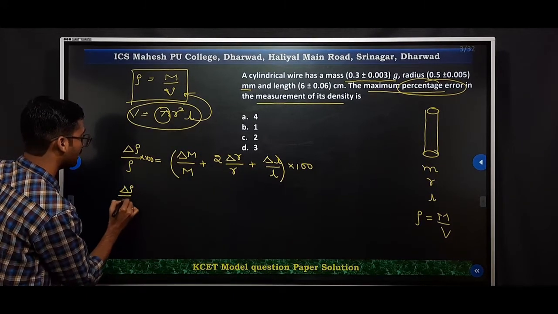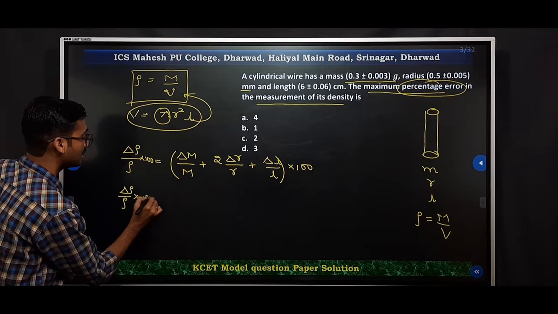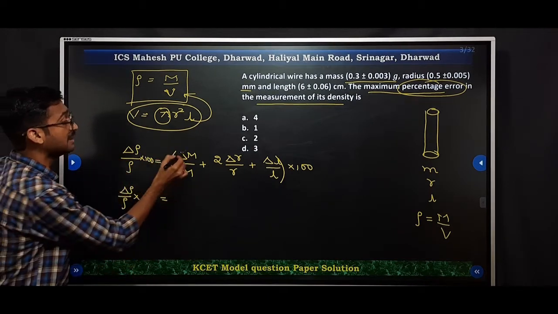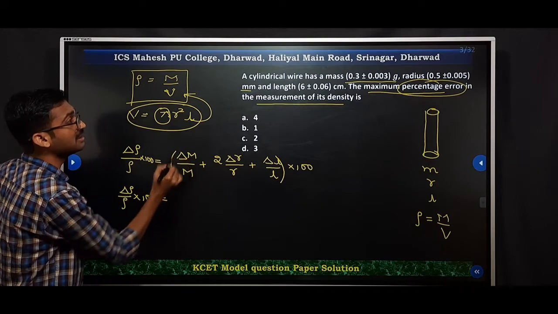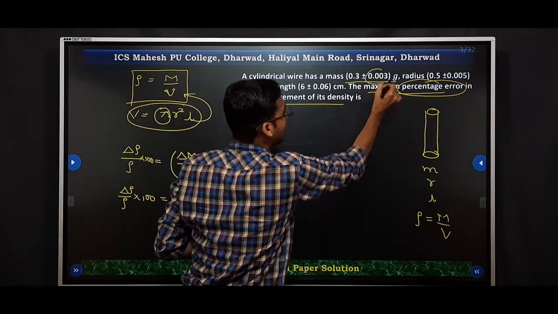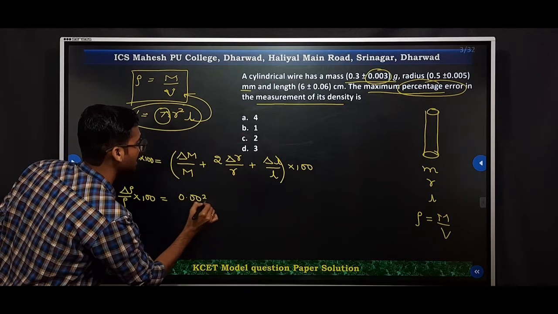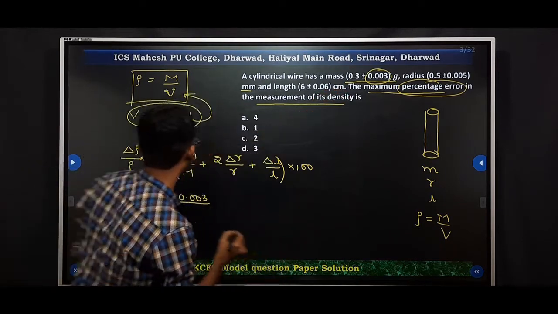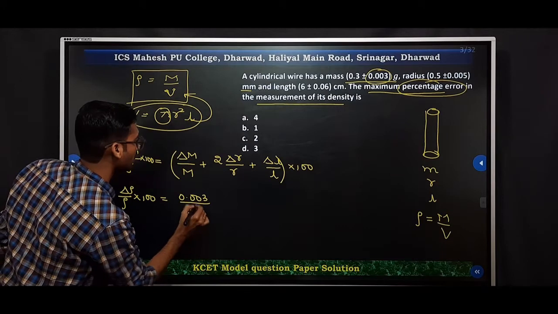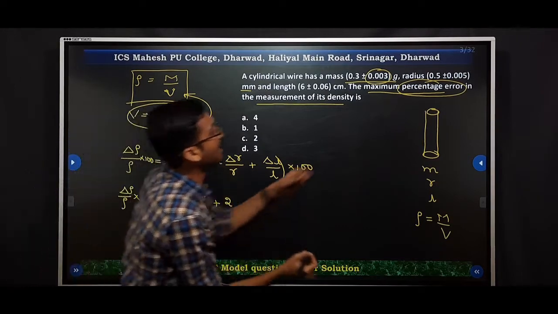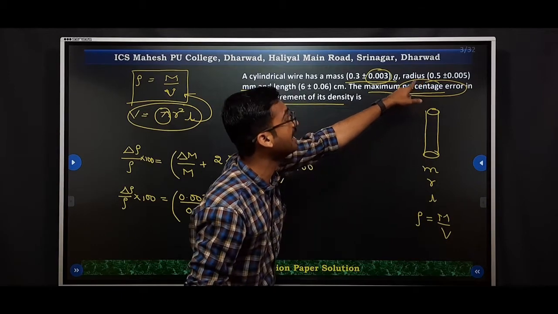Delta rho whole divided by rho is the answer we need here. Delta m divided by m is the small error in the mass. Let us substitute that: 0.003 whole divided by 0.3, plus 2 times delta r, because here r defines the radius.